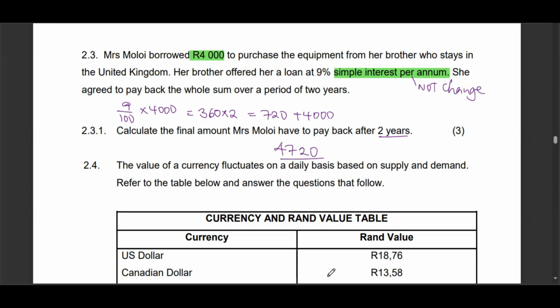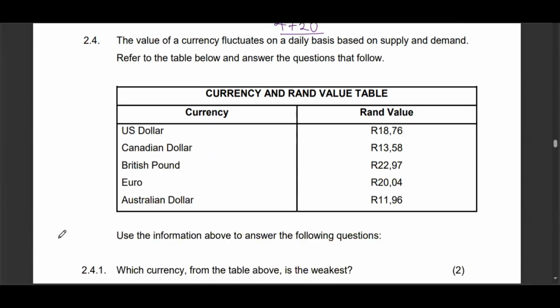All right. We go to 2.4. The value of currency fluctuates on a daily basis based on supply and demand. Refer to the table below and answer the questions that follow.